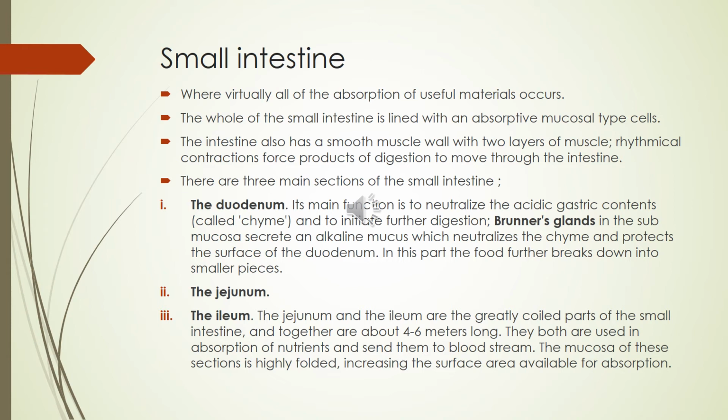There are three main sections of the small intestine: the duodenum, which is the very first part moving from the stomach, then the jejunum, then the ileum. What happens in the duodenum? Its main function is to neutralize the acidic gastric content.